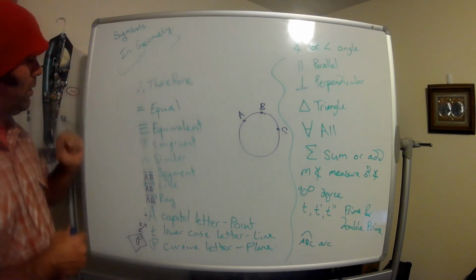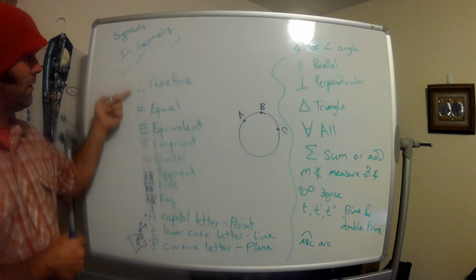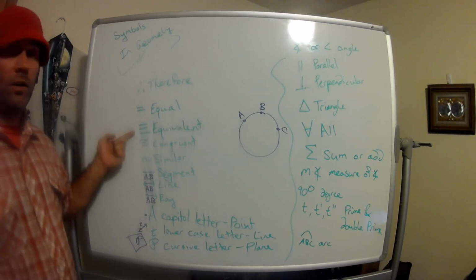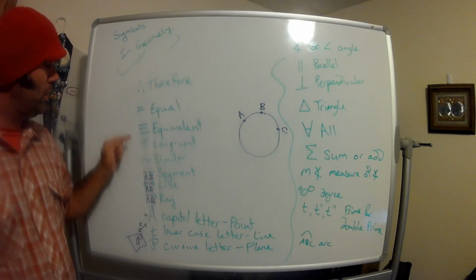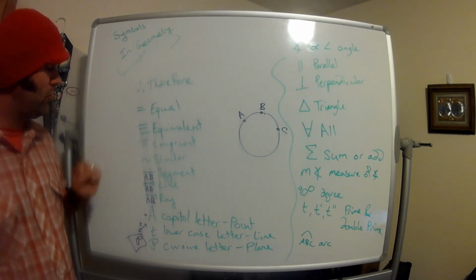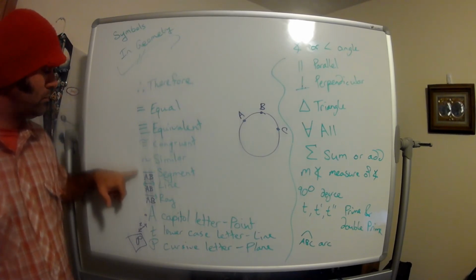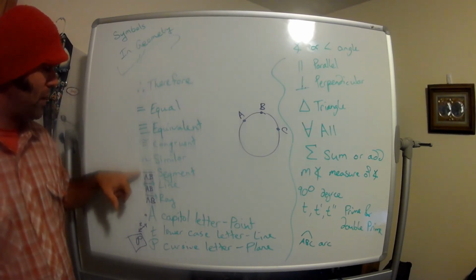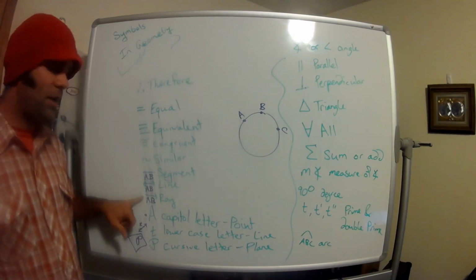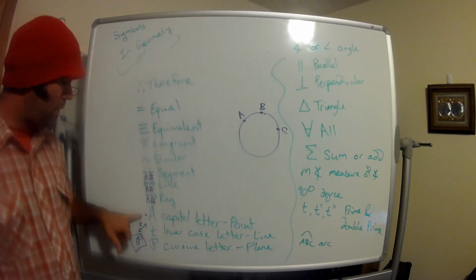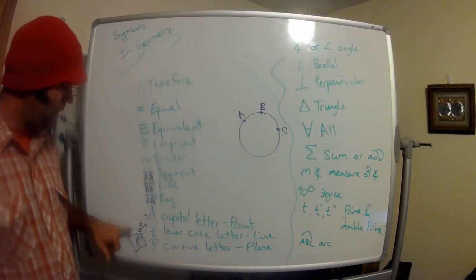But let's go real quick review. We've got therefore, equal, equivalent, it's a triple line. Congruent, it's an equal sign with the squiggle above it. Just the squiggle is similar. Just a little line segment, that's segment with arrows on it. It's a line with only one arrow on it. It's a ray. Point is a capitalized letter.